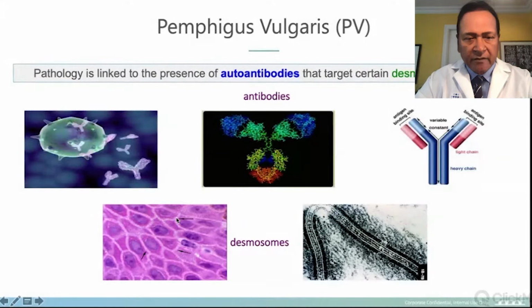That's because of a technical artifactual reason for when we process the tissues, but it brings out the desmosomes, these spiky connections between the keratinocytes. And on the right, you see an electron micrograph with two different keratinocytes that are attached in two places at these desmosomes, these electron dense areas, in a zipper-like fashion.